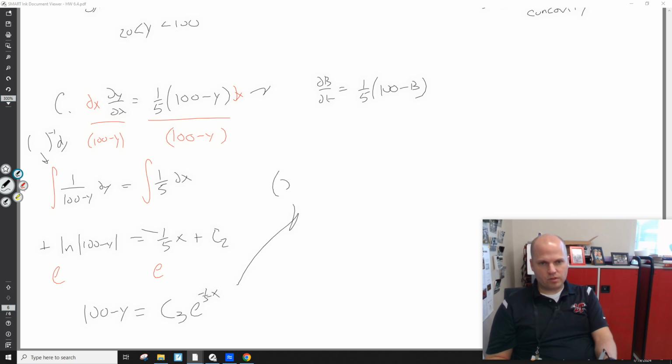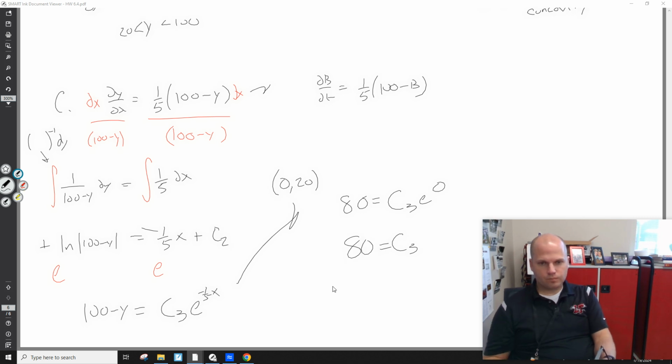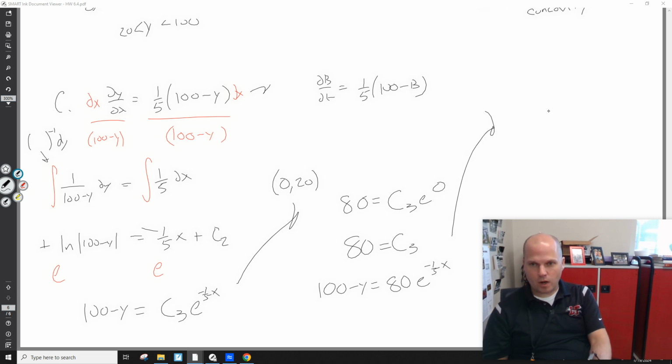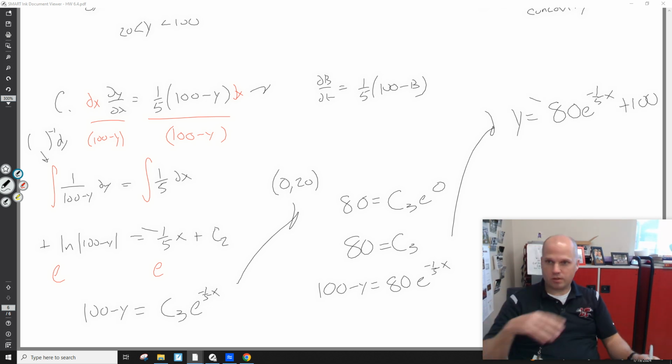We have the point 0, 20. Solve for y, subtract 100, divide by -1.